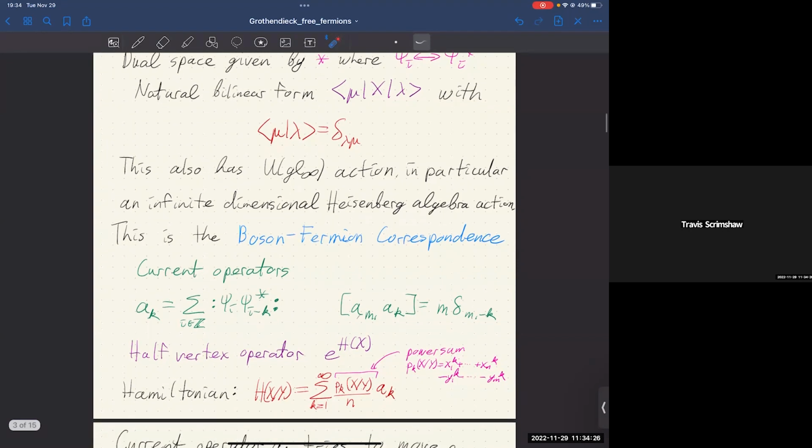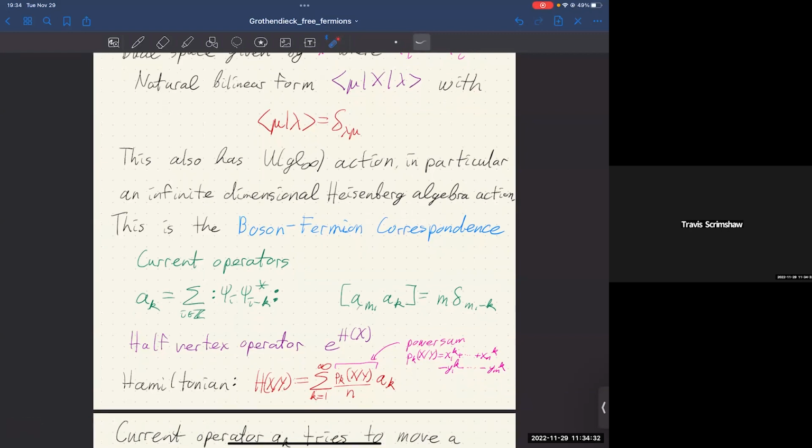But these generate the infinite dimensional Heisenberg algebra because they satisfy the relations of a Heisenberg algebra, which is written here. So if I take a_m with a_k, they generally commute with each other unless m is equal to the negative of k.